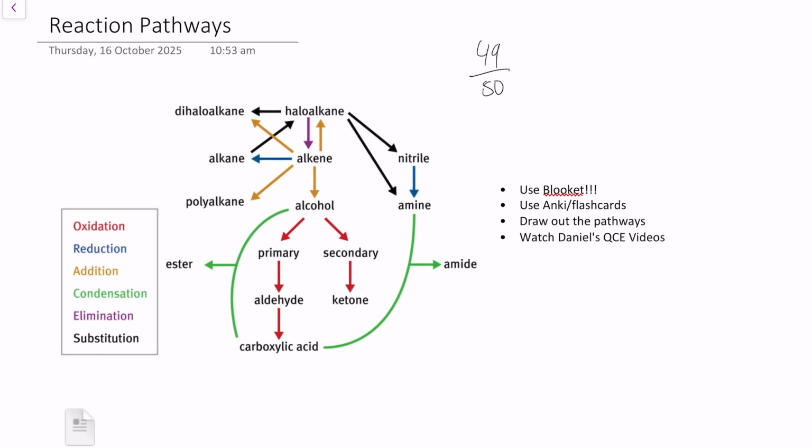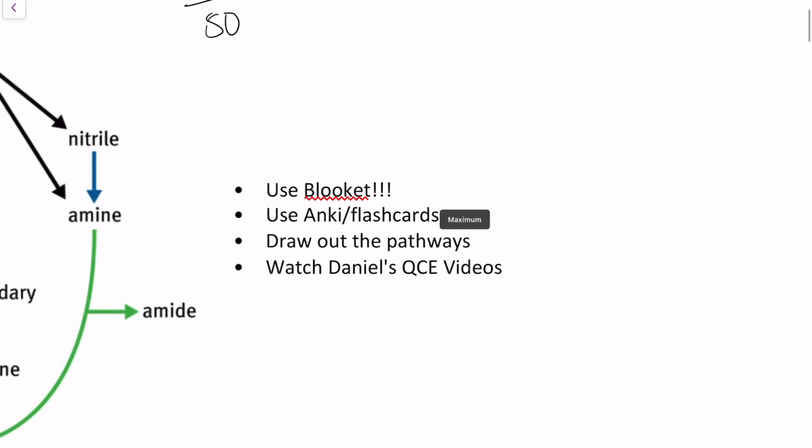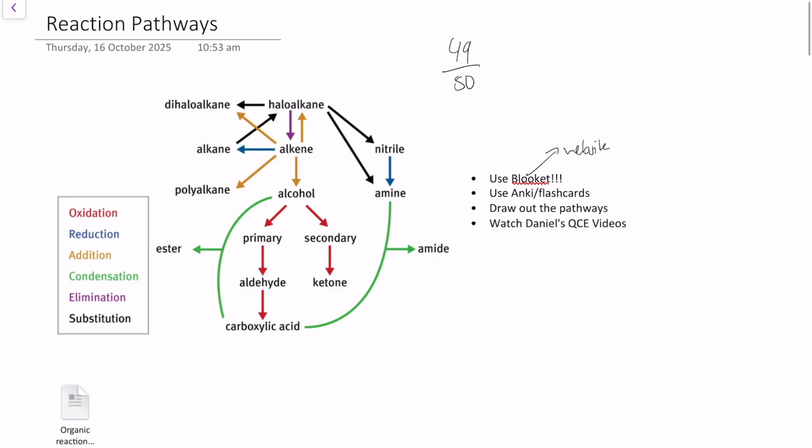Okay. So I'll start off with some tips that I have for you. Bookit is a really good website that basically has pre-made flashcards or questions or sets that you can do.